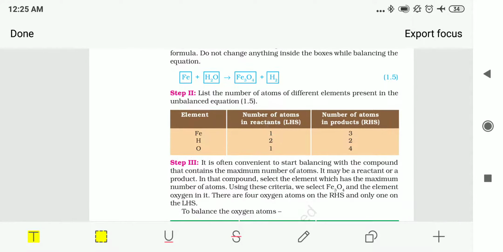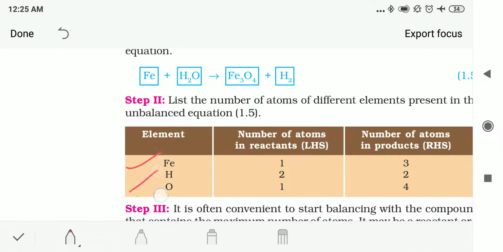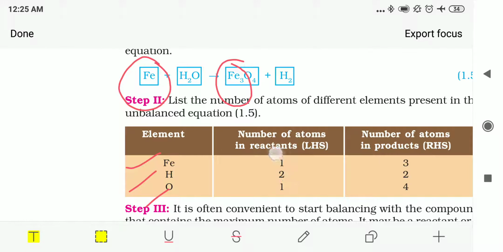You can see a table here. In this table we have Fe, hydrogen and oxygen, because these three elements are there in our equation. First, Fe: we have one atom of iron on the left hand side and three atoms of iron on the right hand side, as mentioned in the table.